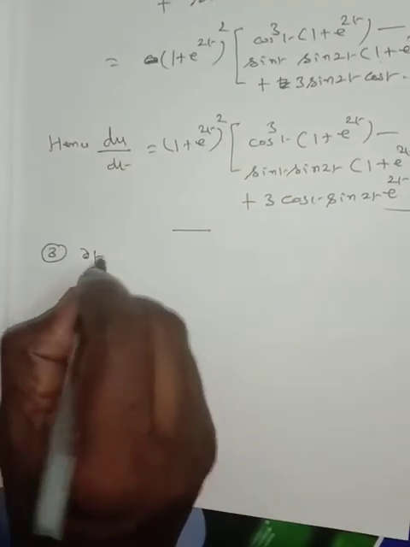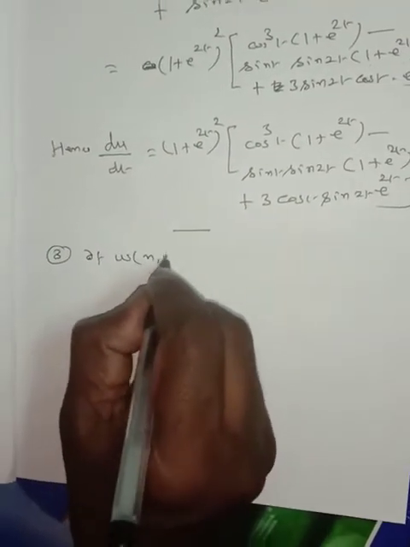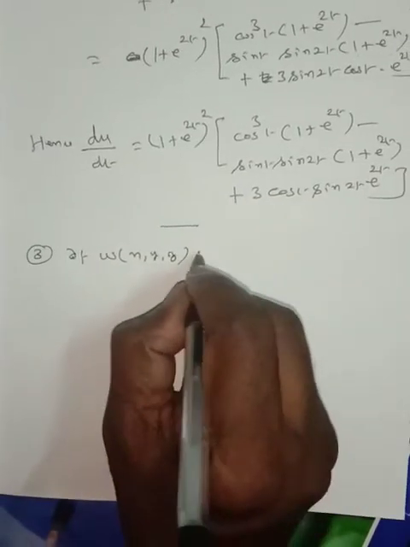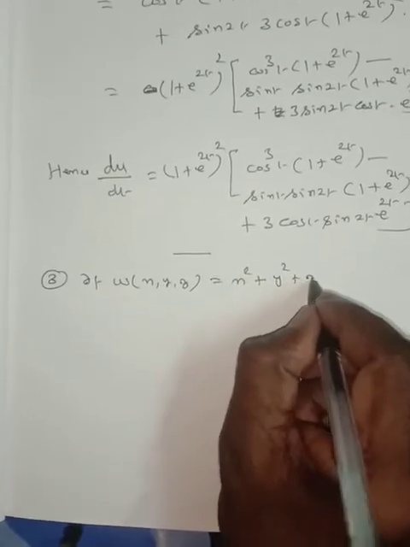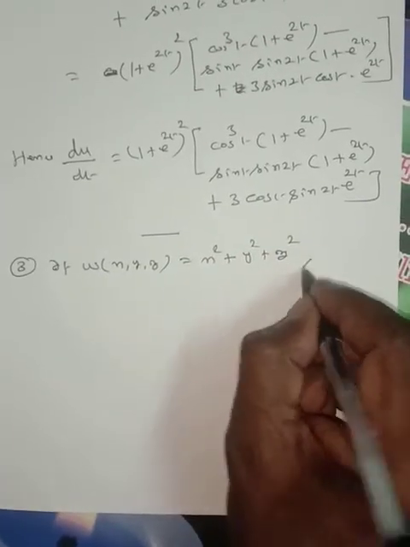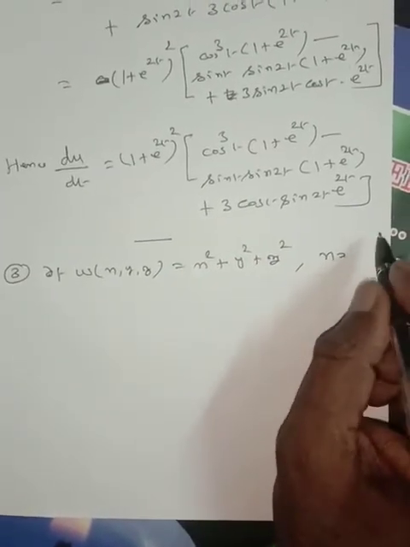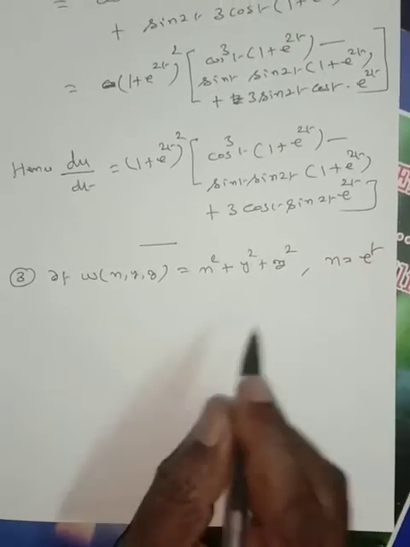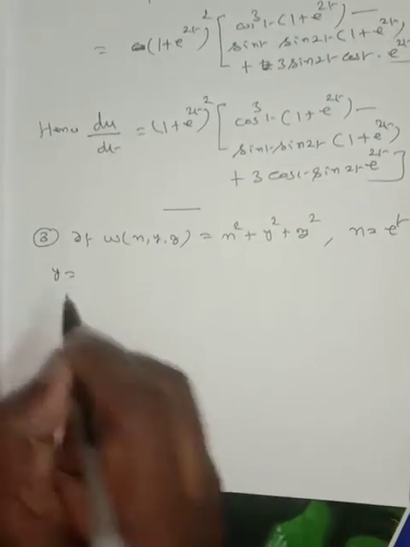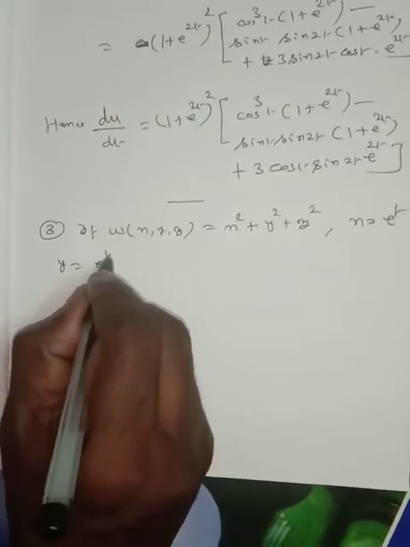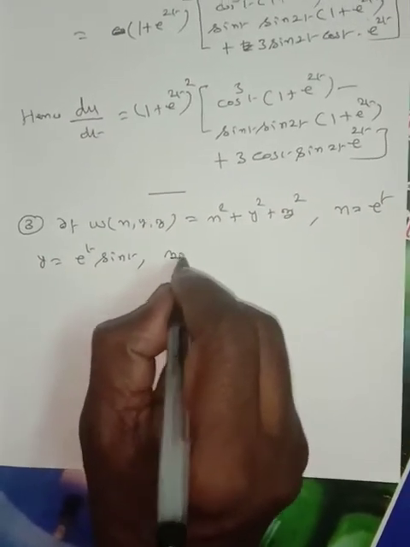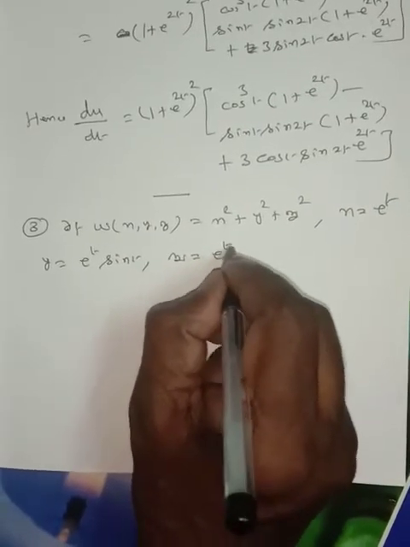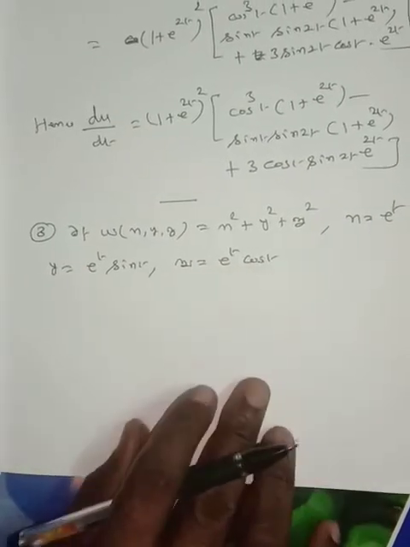w of x, y, z is equal to x² + y² + z². x is equal to e^t, y is equal to e^t sin t, z is equal to e^t cos t.